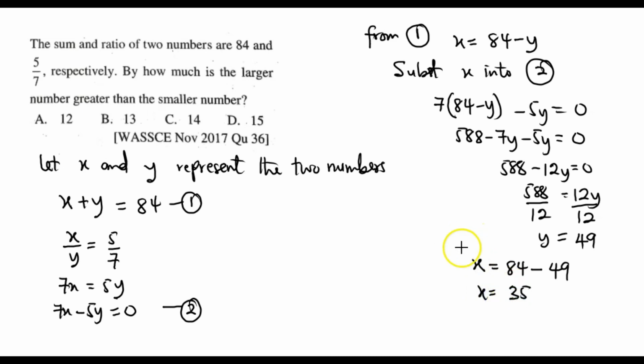Now, going back to the question, it says by how much is the larger number greater than the smaller? So we've seen that the larger number is y, which is 49, and the smaller number is x, which is 35.